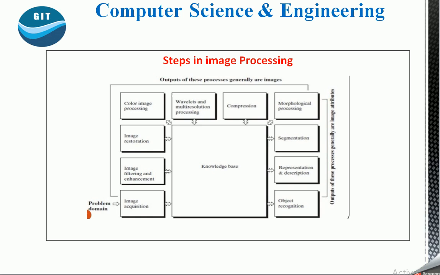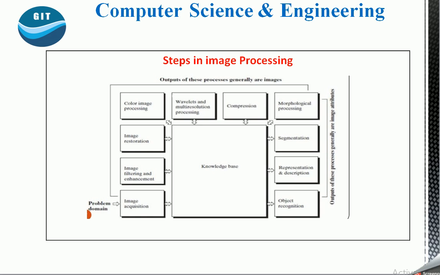Step number nine is representation and description. It takes the output of a segmentation stage, which is usually raw pixel data. And description, also called feature selection, deals with extracting attributes that result in some quantitative information of interest or are the basis for differentiating one class of objects from another.